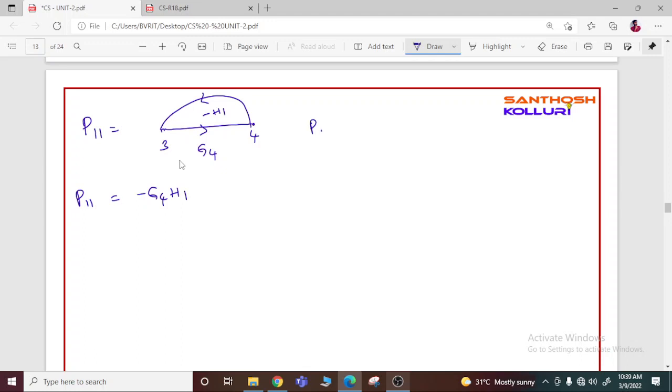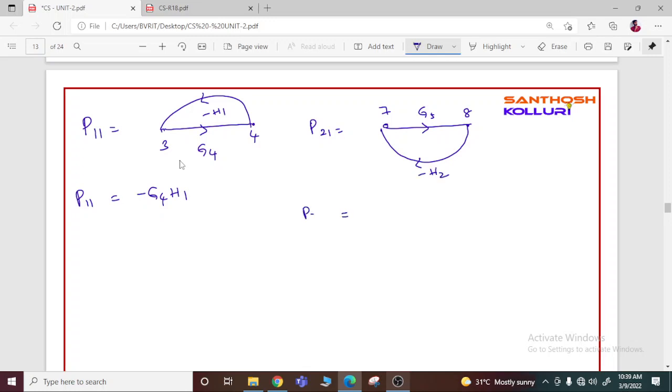Similarly, P21 is between node number 7 and node number 8. So, this is G5 and here it is minus H2.